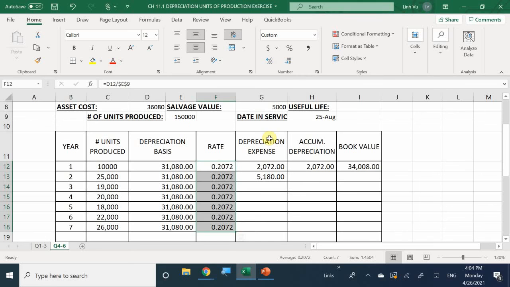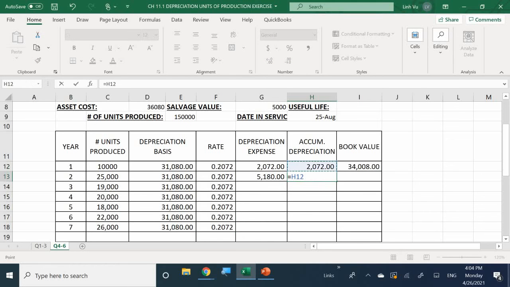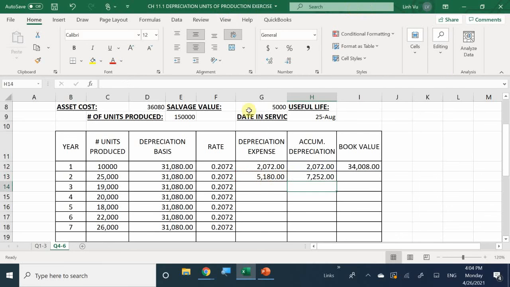So therefore, what's my accumulated depreciation here? $7,252. Good. So then, what should be my book value? $28,828.